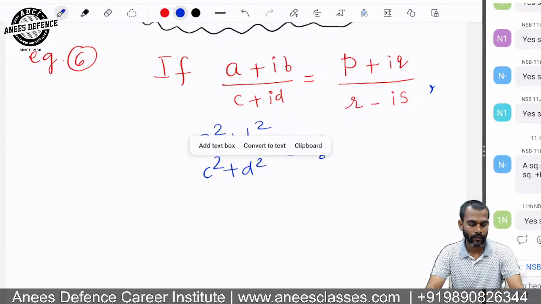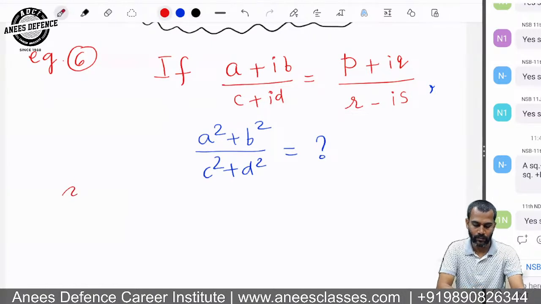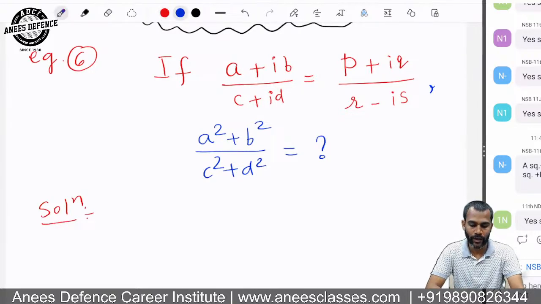Again, the same property you need to apply. Yes, correct, very good. Which property do we have to use? Same property.